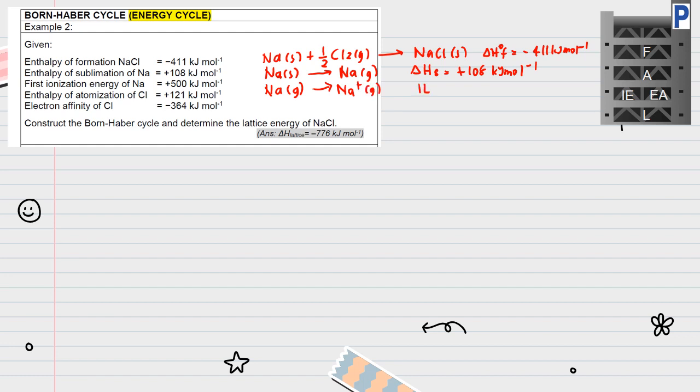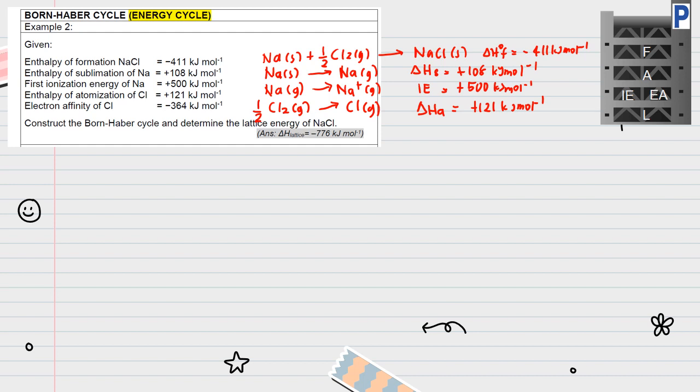So, the IE is equal to positive 500 kJ mole minus 1. And then next is enthalpy atomization of Cl. So daripada Cl2 gas menjadi Cl gas atom sahaja sebiji. So kat sini letak setengah lah. So delta H atomization equal to positive 121 kJ mole minus 1.